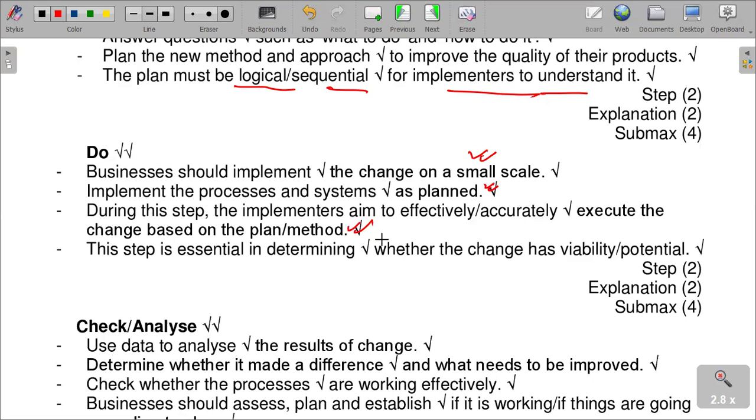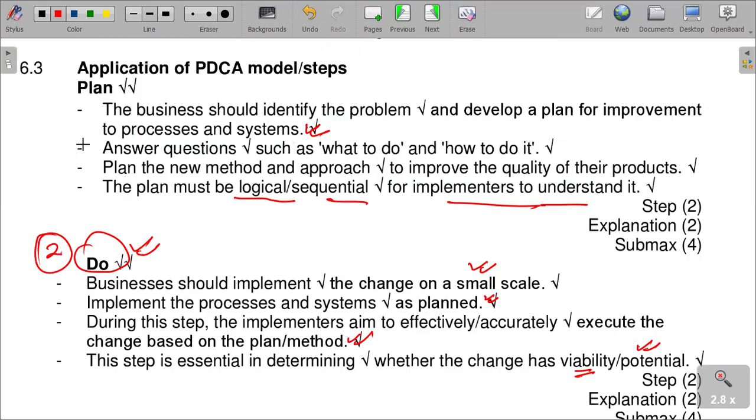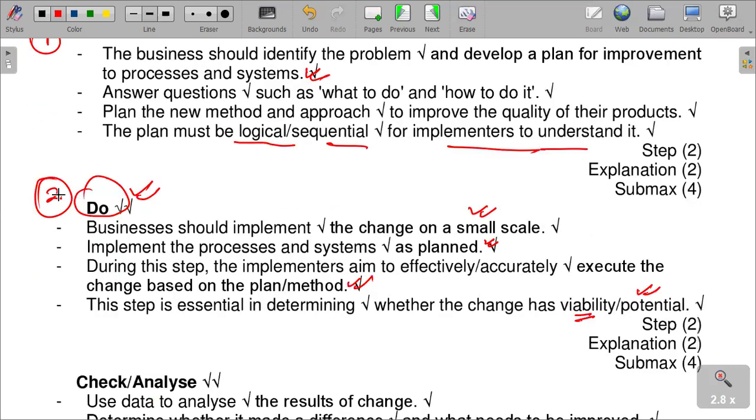The step is essential in determining whether the change is viable, is profitable, or how much potential that plan has. So on the second step, which is the do stage after the plan stage, when you are implementing, the change must be small scale and also to avoid losses.